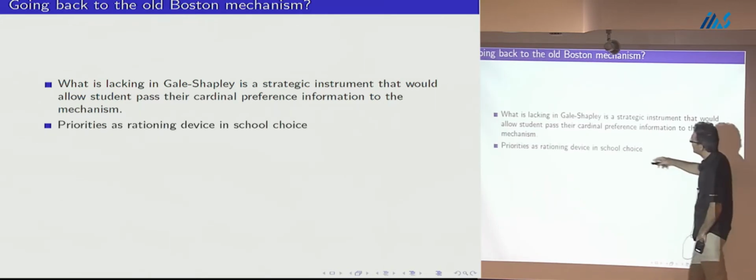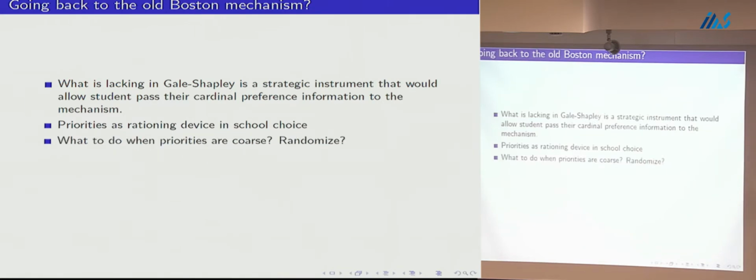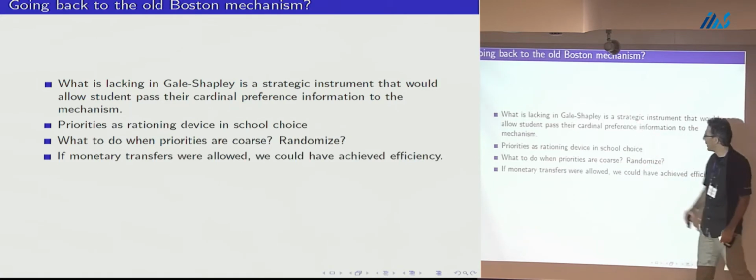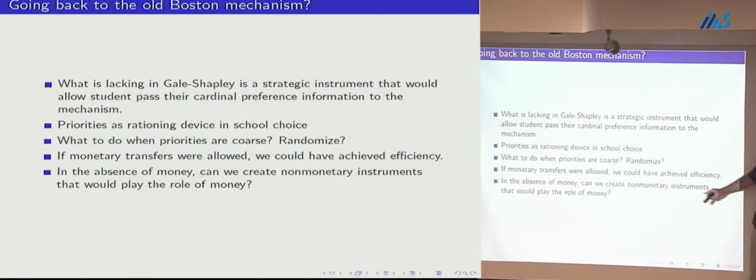And the priorities are used as a rationing device in school choice. When priorities are coarse, we usually randomize in Gale-Shapley. But if monetary transfers were allowed, we could probably do better in terms of efficiency. My question is, in the absence of money, can we create non-monetary instruments that would play the role of monetary transfers?